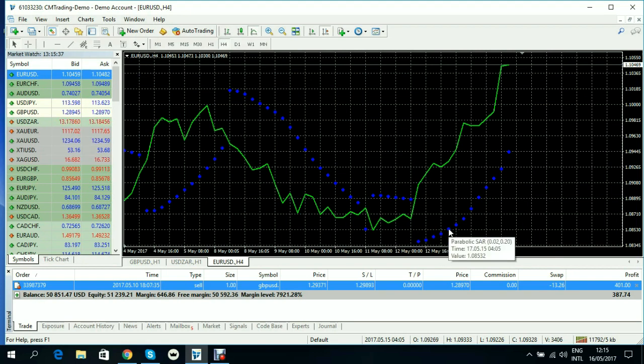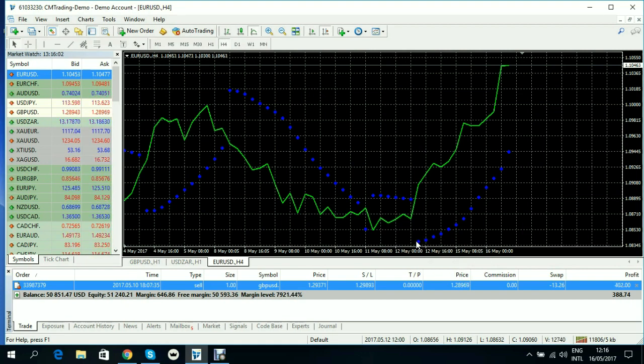But if you still want to enter the trade, probably you catch it somewhere here, then it's important that you use other indicators to confirm the continuation of the buy trend before placing the trade. But simply, timing is important in trading.